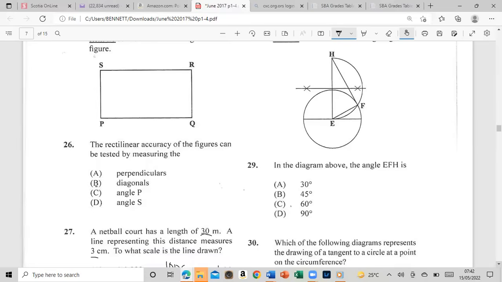All right, so see there's a diagram. You see in the diagram above, the angle EFG, so that's EFG, is it 30, 45, 60, or 90 degrees?